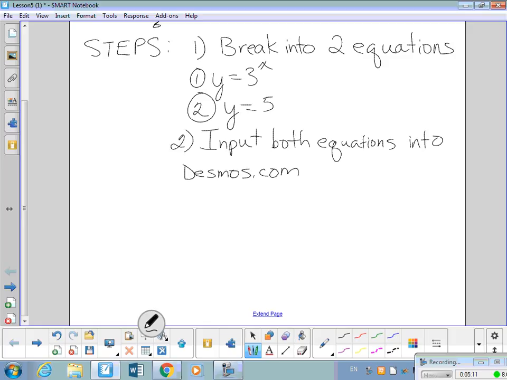Then, and you saw that I was able to zoom, you can zoom in or out, and what you're after is that point of intersection. So the third step is to zoom in or out in order to locate the point of intersection.